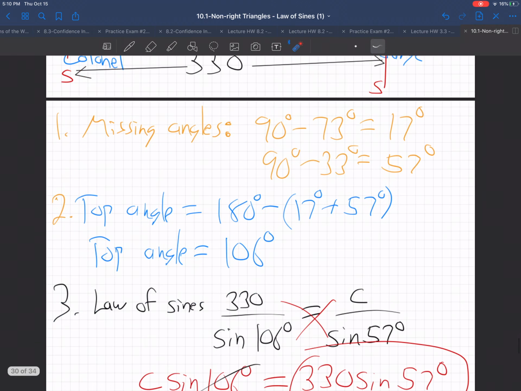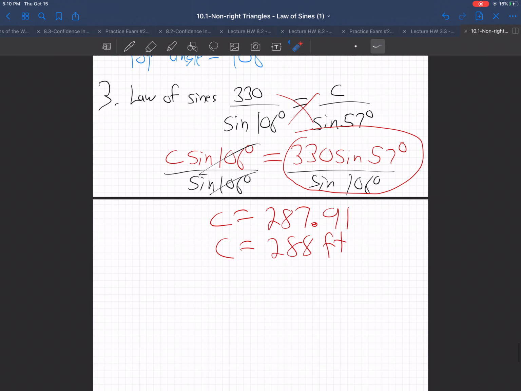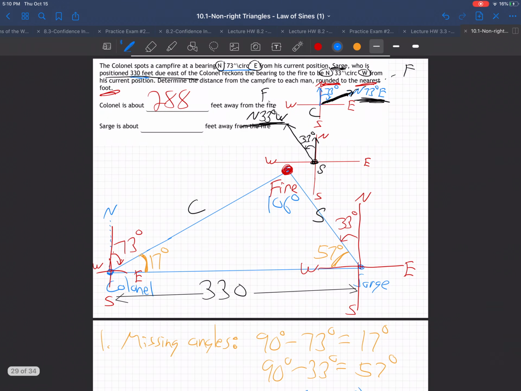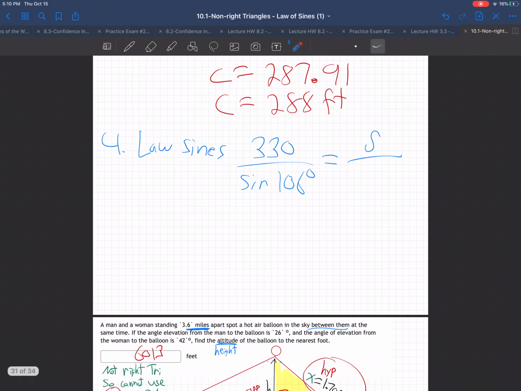So I'm going to go again 330 over the sine of 106 equals Sarge over, what's the angle across from Sarge here? Sine 17 degrees, right? He's across from a 17-degree angle.